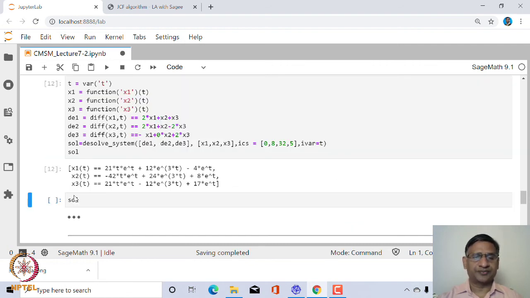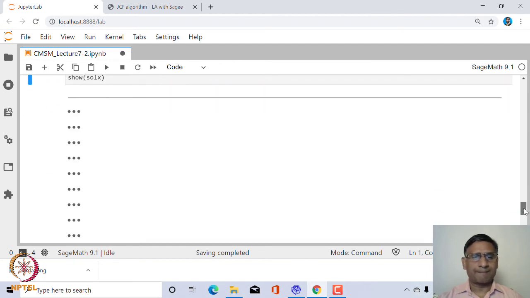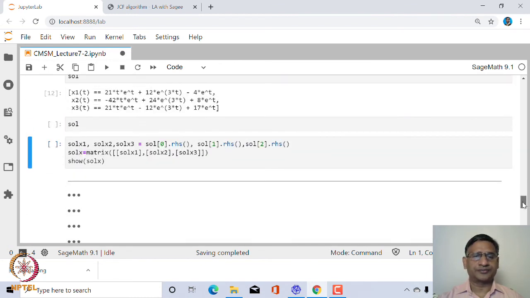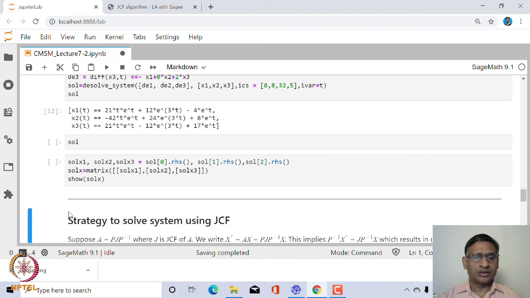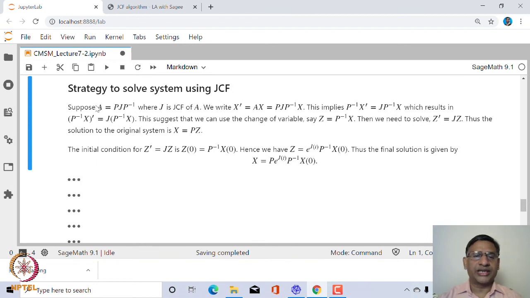Now let us look at how we can solve this using the Jordan canonical form. What is the strategy we are going to adopt? Here A is P into J into P inverse, where J is the Jordan matrix of A consisting of Jordan blocks, right. We have the equation x dash of t is equal to A x, therefore this is going to be P J P inverse x.